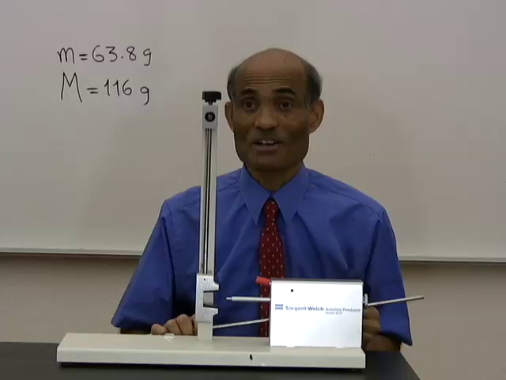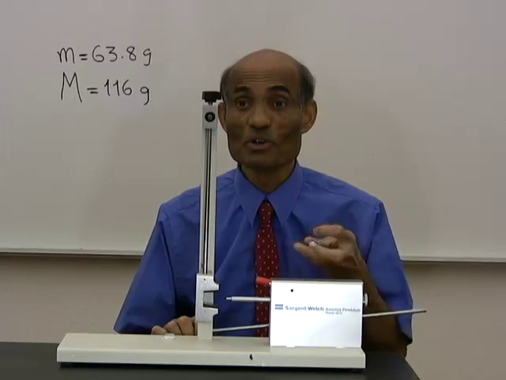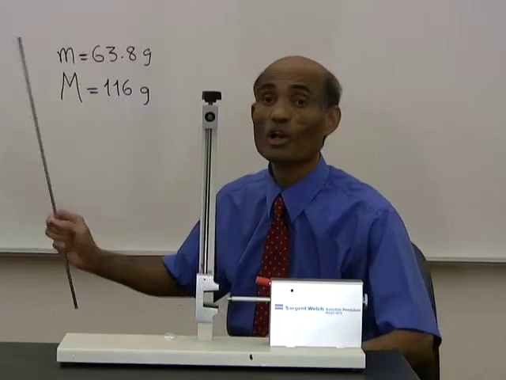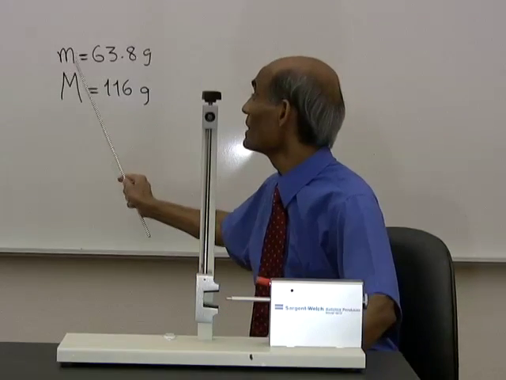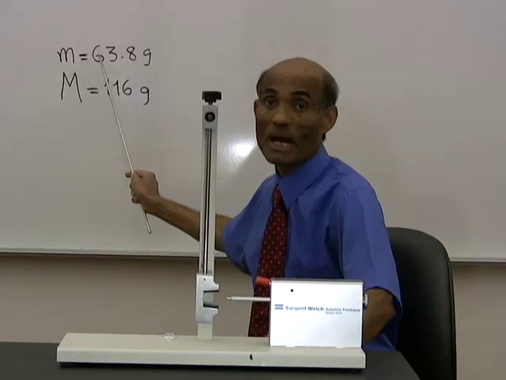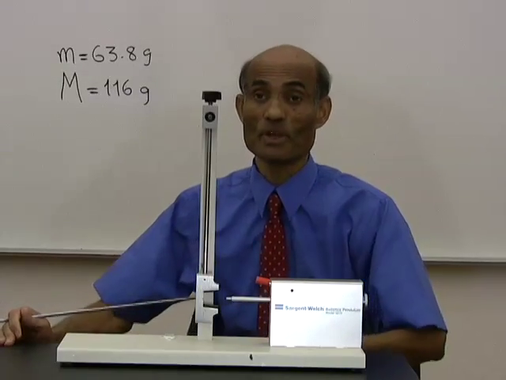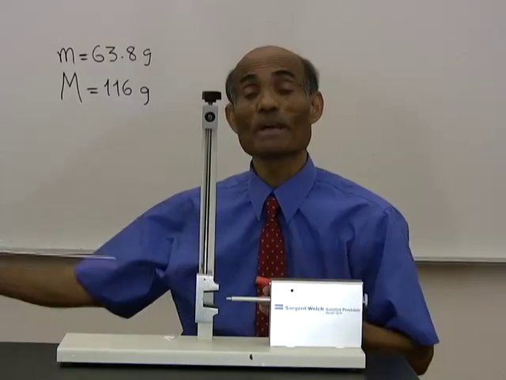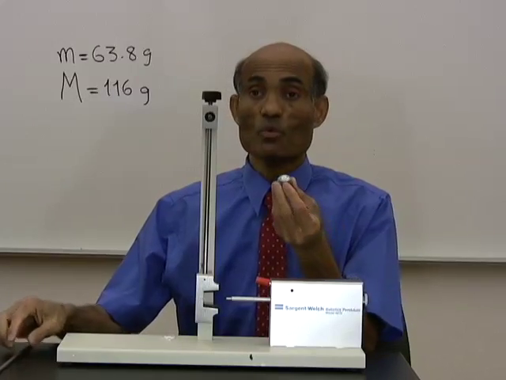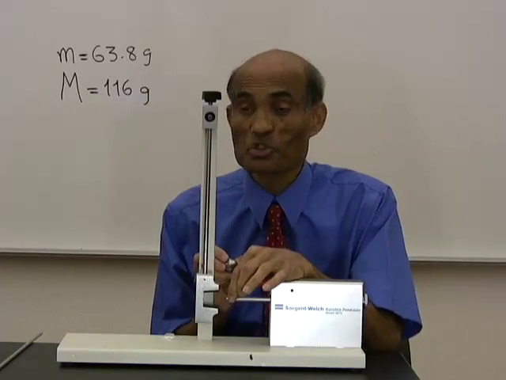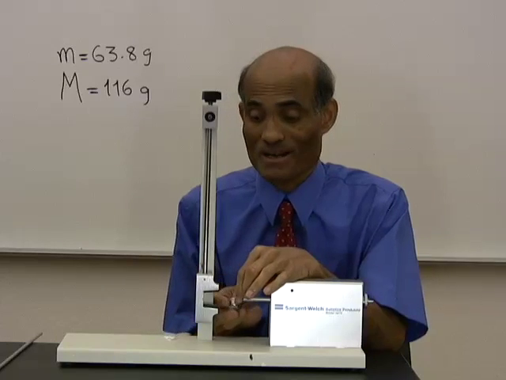In the second part of the experiment, we will use the same mass. The mass of this ball we will represent by lowercase m, and its value is 63.8 gram. You will need that mass, so make a note of that. We will use the same ball and the same spring-loaded gun.